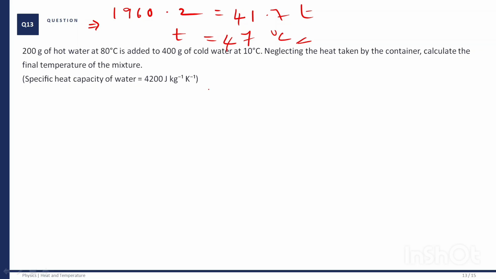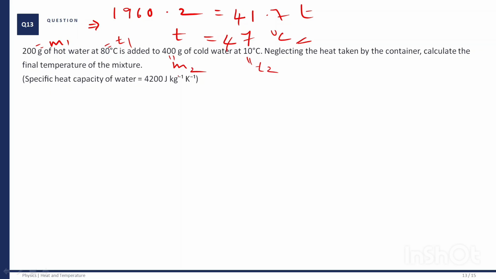This is the highest temperature, so this is T1, this is M1, this is M2, this is T2. Both have the same specific heat, so it will get cancelled.